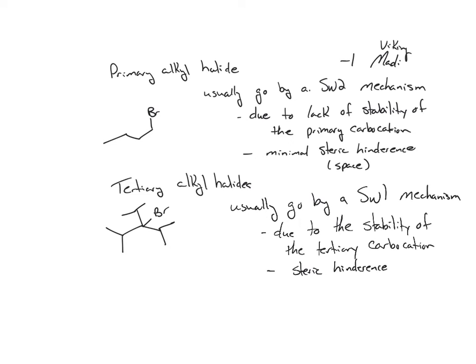So the larger those groups are, the less and less probable for an SN2 reaction to occur. Now we can actually get tertiary alkyl halides to go by an SN2 mechanism. Okay? I can force a reaction, I can make the group small, add a lot of energy, I can make this happen. For this class, tertiary alkyl halides will only go by an SN1 mechanism for my exam.